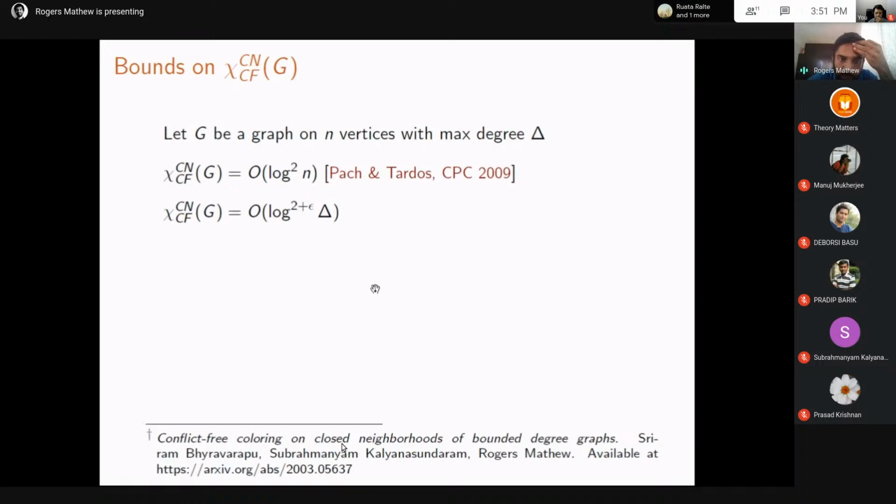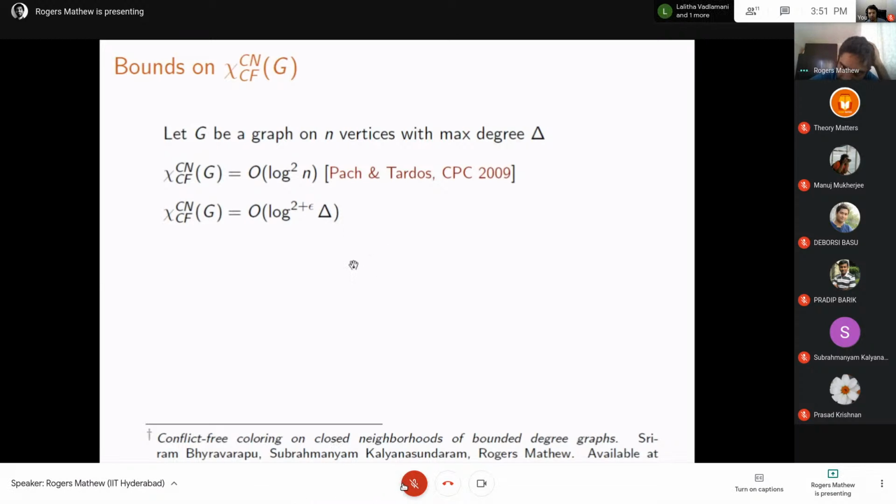In terms of delta, they get log delta to the power 2 plus epsilon for any epsilon greater than 0. But if the graph has sufficiently large minimum degree as well, meaning every vertex has a degree of at least log delta, and the maximum degree is delta, then you can improve this upper bound to log square delta. You can shave off this epsilon from the exponent.